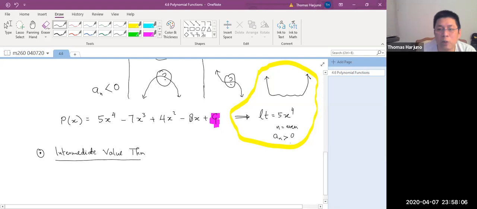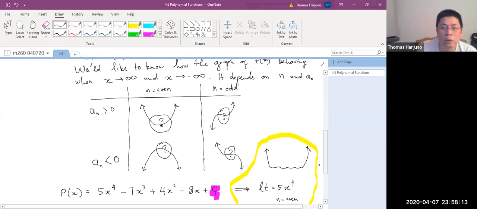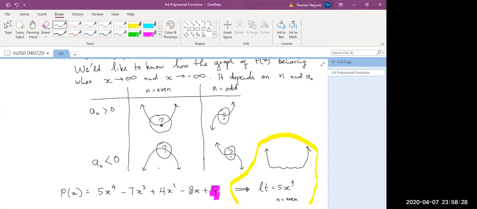Okay, let me go back a little bit. Here. Now, if you look at this polynomial function, and actually every polynomial function, what is the domain? From negative infinity to positive infinity, basically all real numbers, right?